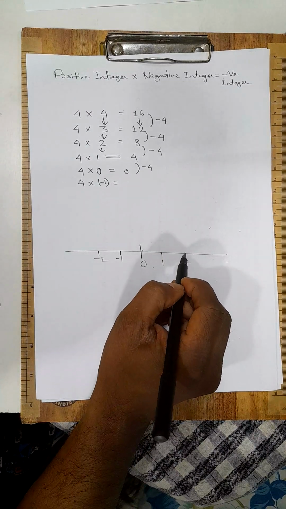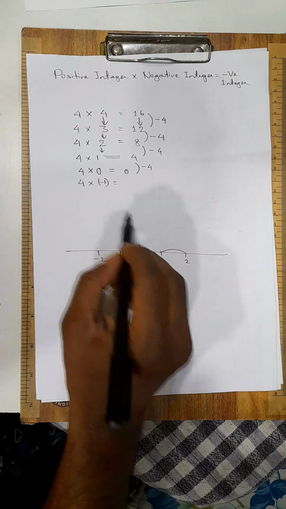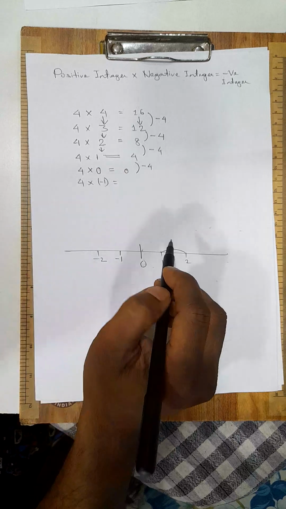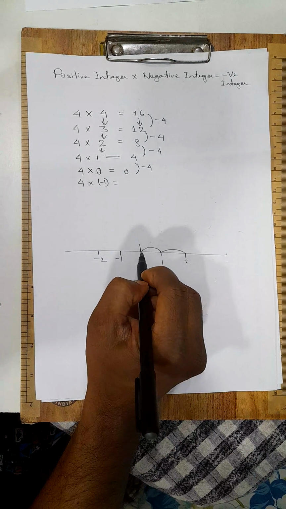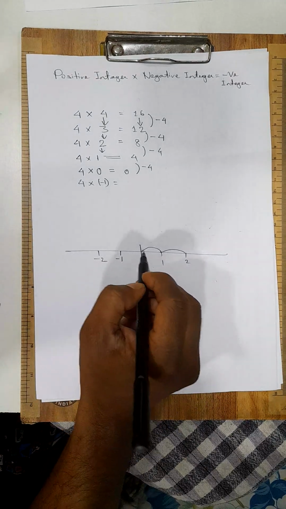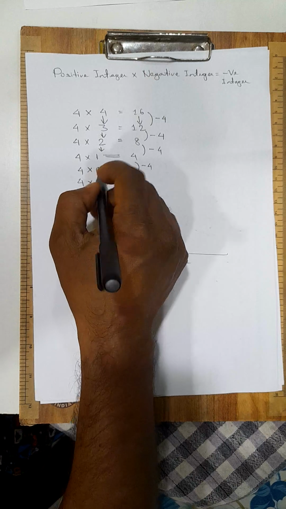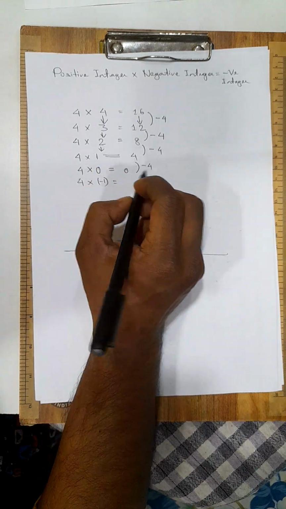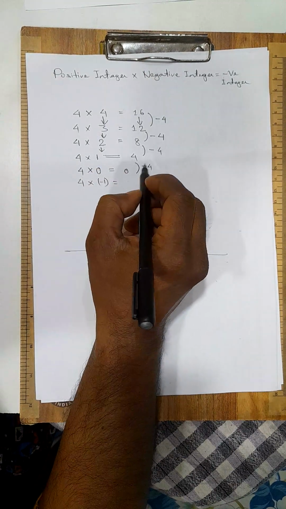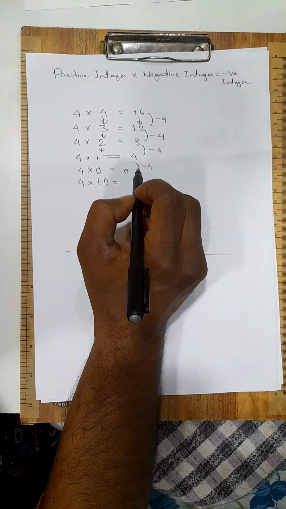So you are decreasing 1 by 1: 2 minus 1 equal to 1, 1 minus 1 equal to 0, then 0 minus 1 equal to minus 1. So it is decreasing, right? 4 multiplied by minus 1 equal to, now what is the product? On the right hand side it is decreasing, every time it is decreasing by 4.